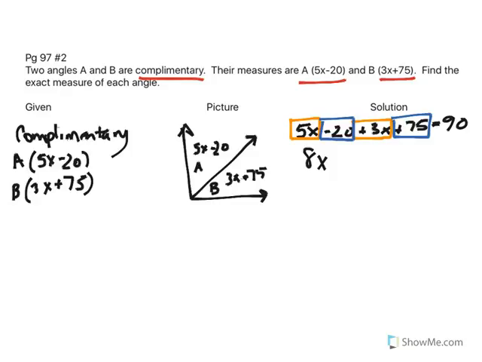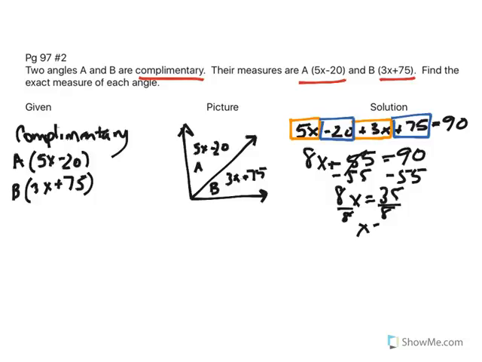Negative 20 plus 75 is 55. 90 minus 55, I get 8x equals 35. X equals 4.375.